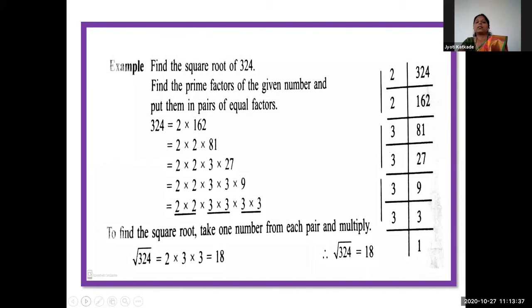And third, 3 into 3, take one factor. Then we get 2 into 3 into 3. Means 3 3s are 9, 9 2s are 18. Means square root of 324 is equal to 18. Means 324 is the square of 18 and the square root of 324 is 18.